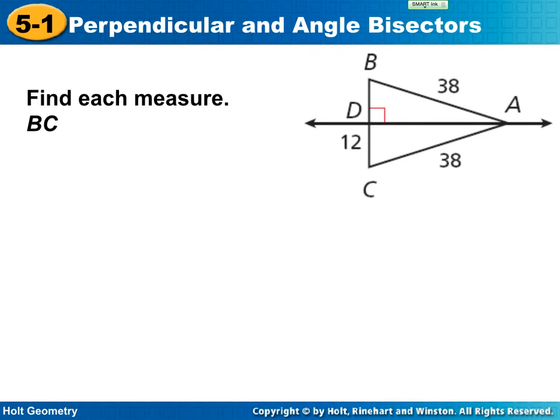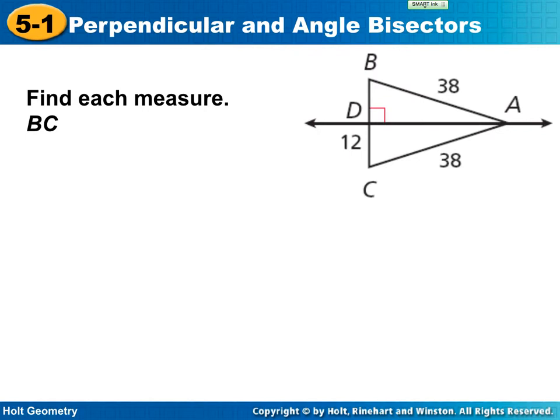Second example, do we have a perpendicular bisector? I see the perpendicular marking. Does it tell us that it bisects? No, it really doesn't tell us that those are the same. So I don't know if that's just a perpendicular or a perpendicular bisector. So I can't use the original theorem. What's the converse say?